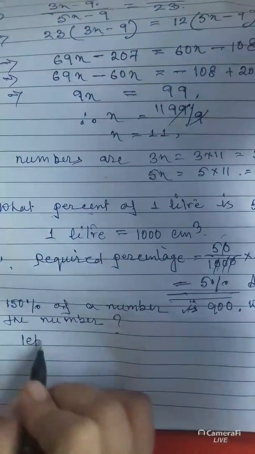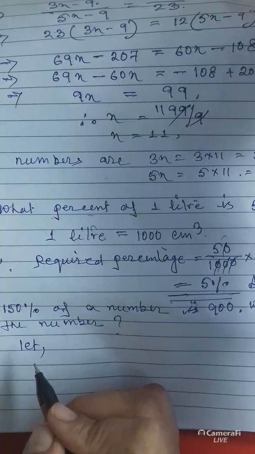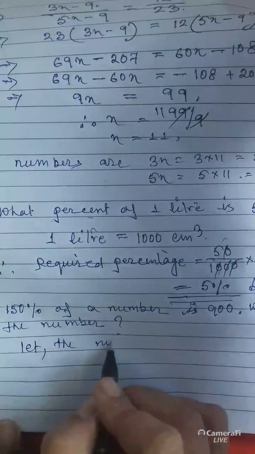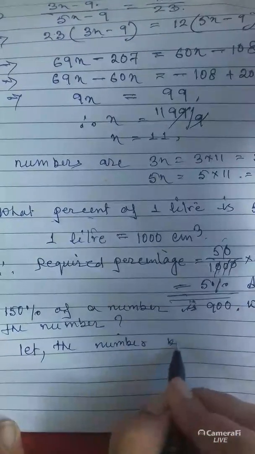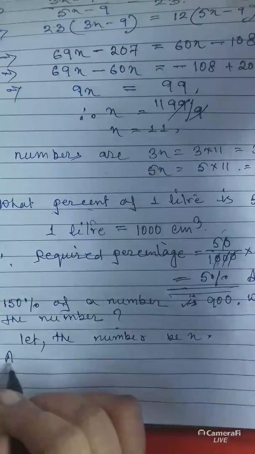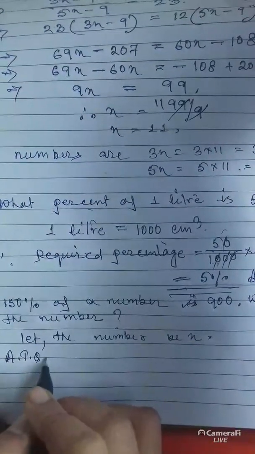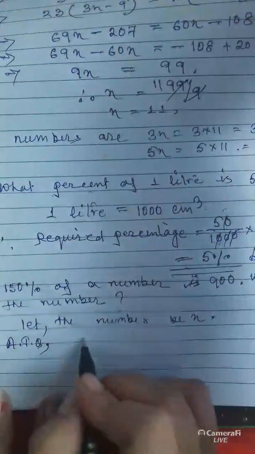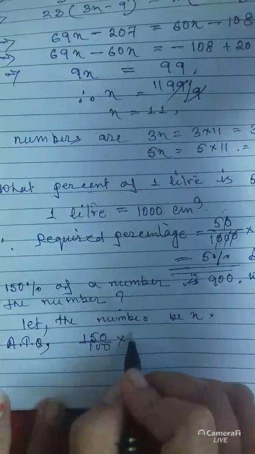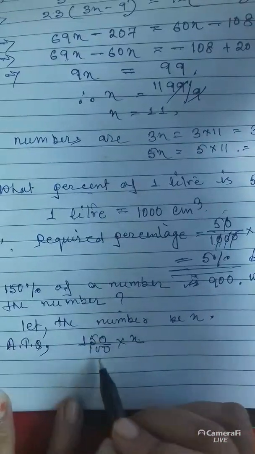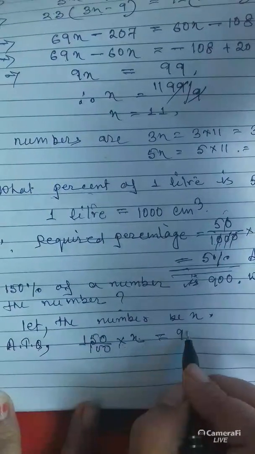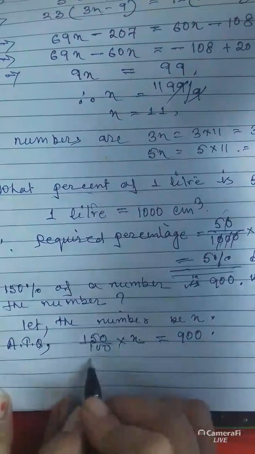So let the number be x. Now according to the question, 150% of a number means 150 by 100 into x equals 900.